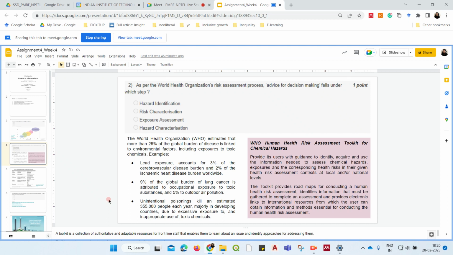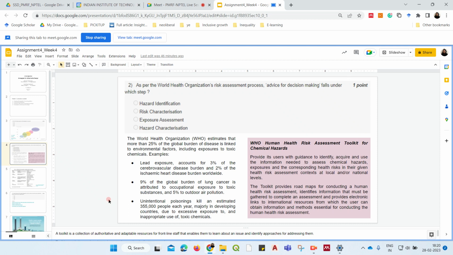It accounts for almost 3% of all the cerebrovascular diseases and 2% of heart disease burden worldwide, and 9% of the global burden of lung cancer is attributed to the exposure to toxic substances, and 5% is attributed to outdoor air pollution.